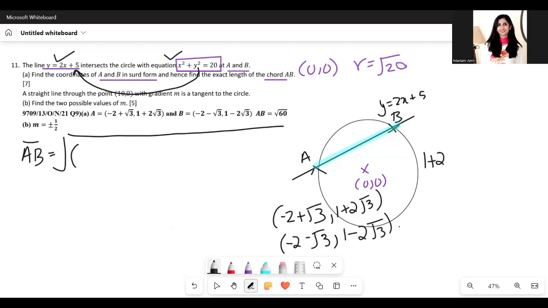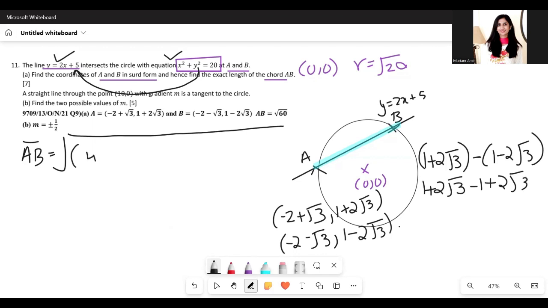1 plus 2 root 3 minus (1 minus 2 root 3). Expand this: 1 plus 2 square root of 3 minus 1 plus 2 square root of 3. So we're getting 4 square root of 3 for y2 minus y1.